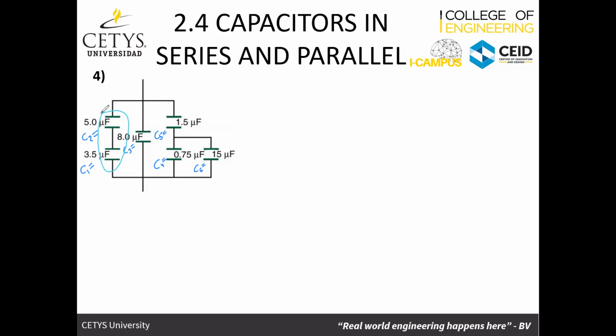Okay, so the first, I'm going to take these two, and we know that these two are in series, right? And I'm going to call that capacitor 1, 2. And so we're going to have this here. And I'm going to keep the line here.